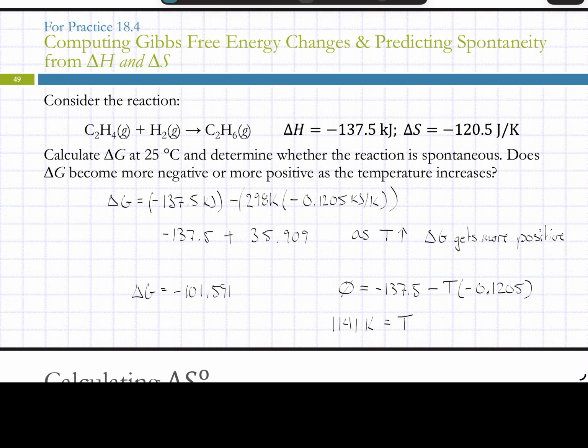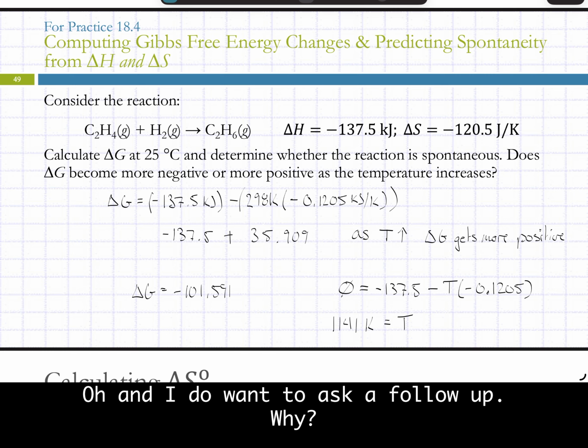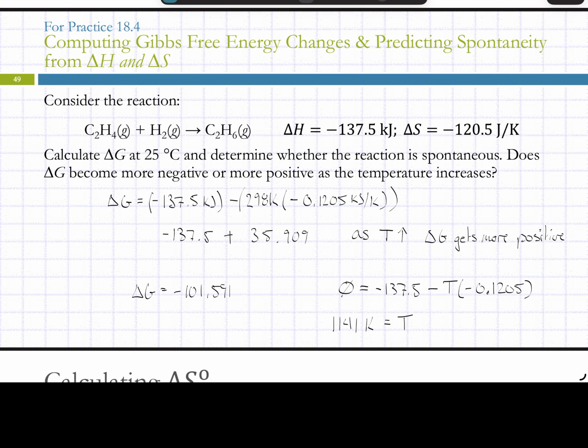Oh, and I do want to ask a follow-up. Why would this reaction become non-spontaneous at a high temperature? No, not activation energy.